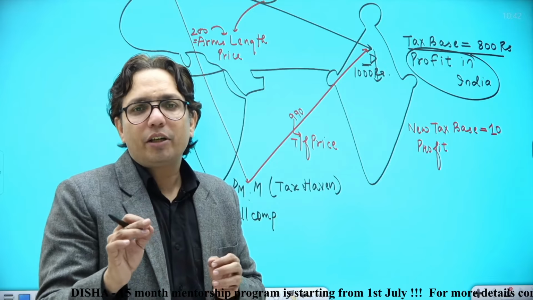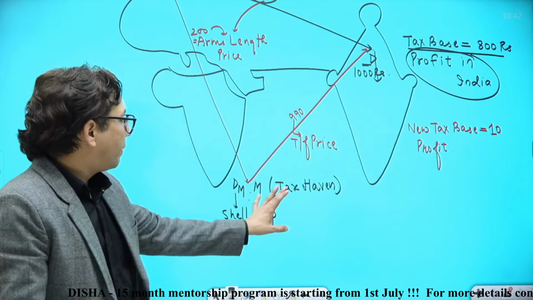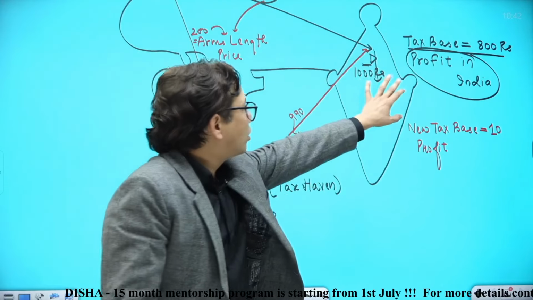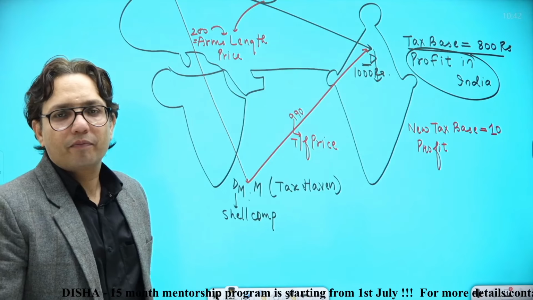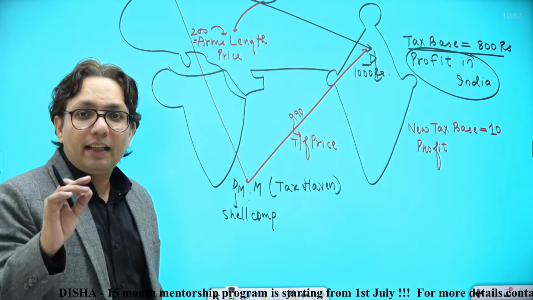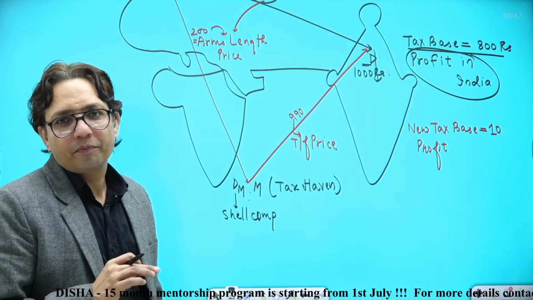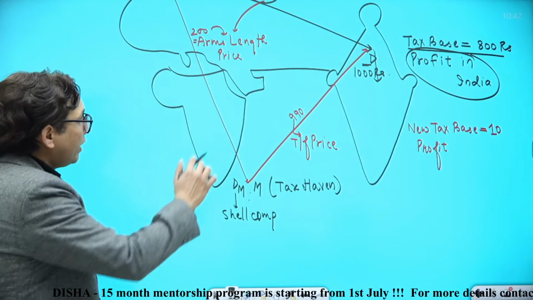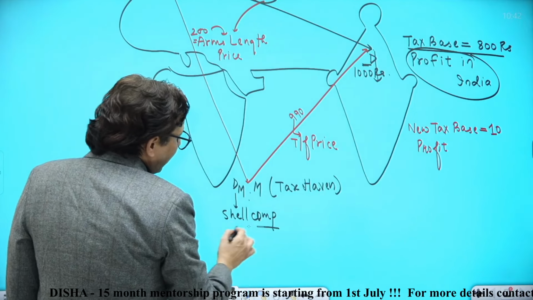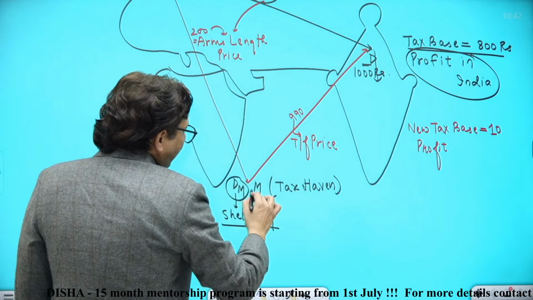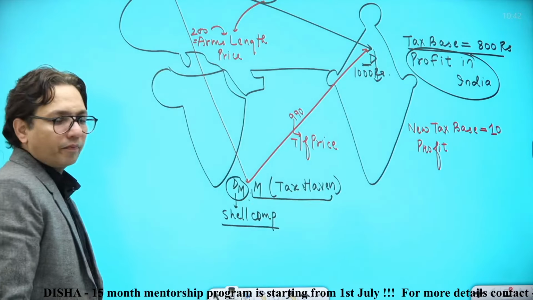This type of information cannot be shared by the banks of these countries with the tax authorities of other countries. In some countries, it is illegal to share the information. So D sets up a shell company called DM in a tax haven, Mauritius.